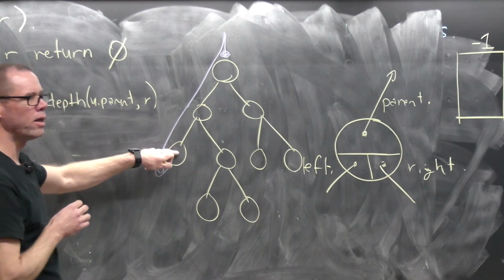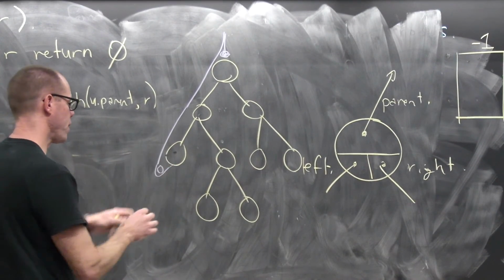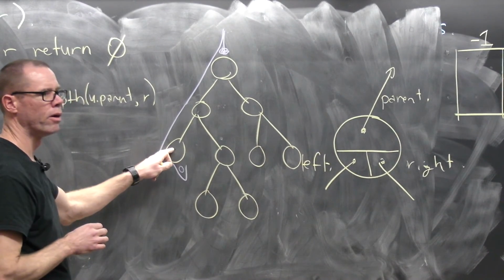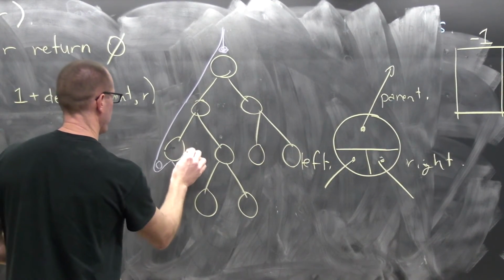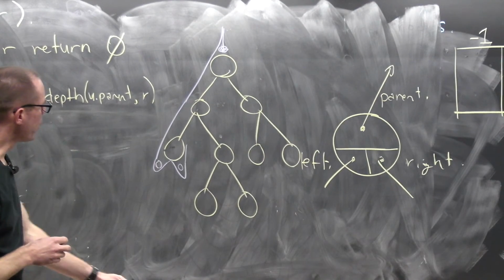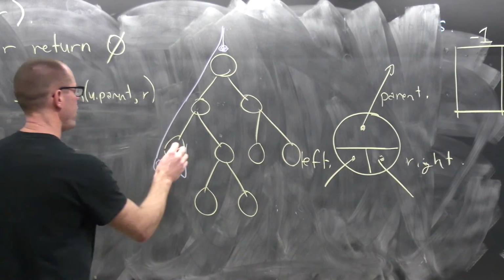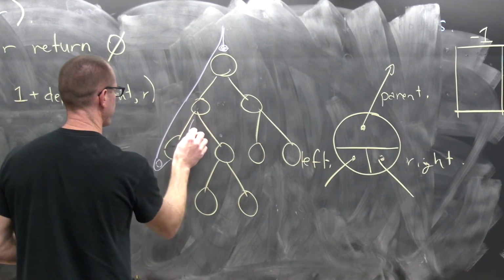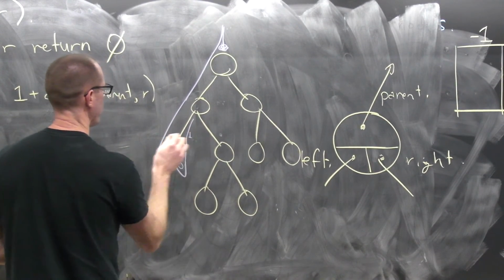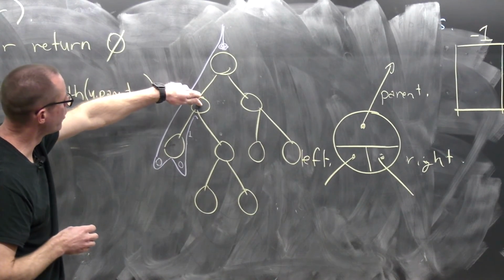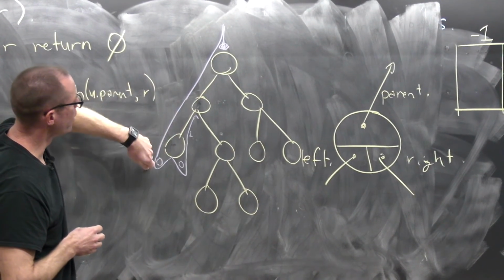Now we're back up to here. This makes the recursive call on the right side, which immediately returns the value 0. Now this thing returns 0 plus 0 plus 1, and that's what comes up here, the value 1. Now back up at this level in the recursion, this thing has already recursed on the left side.